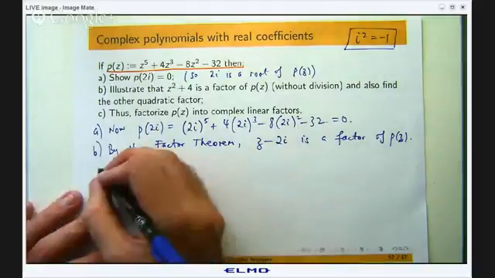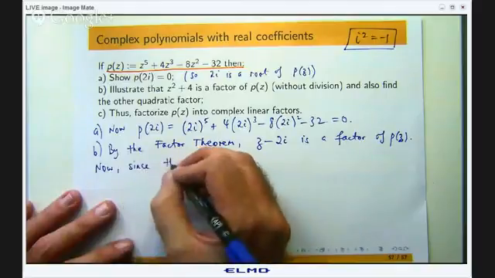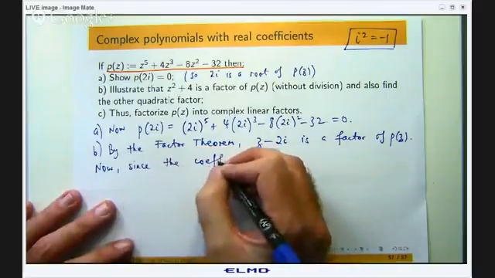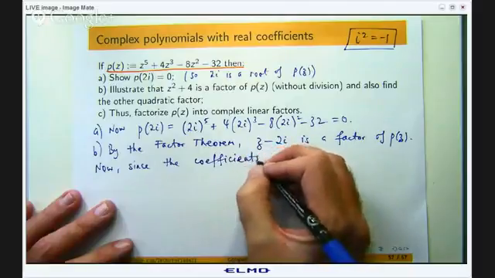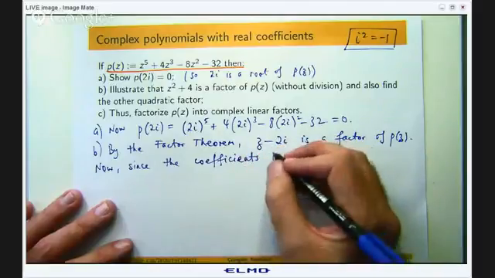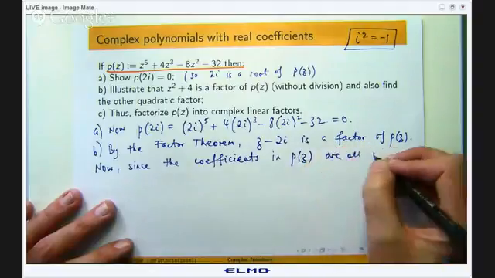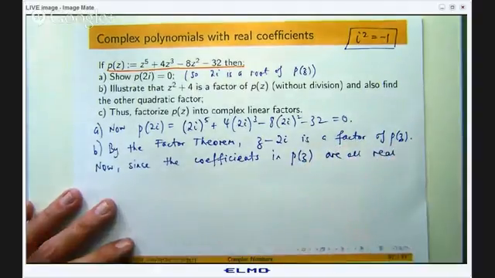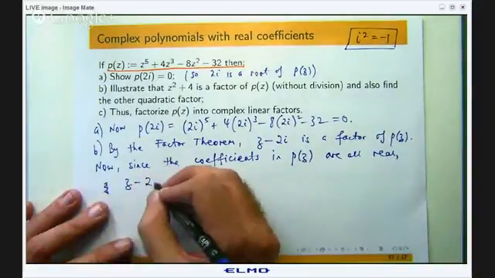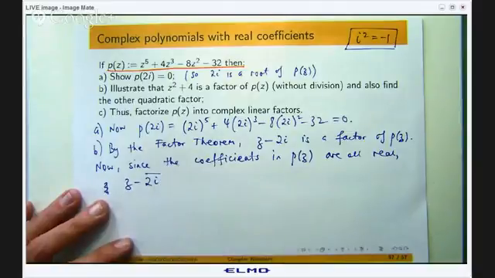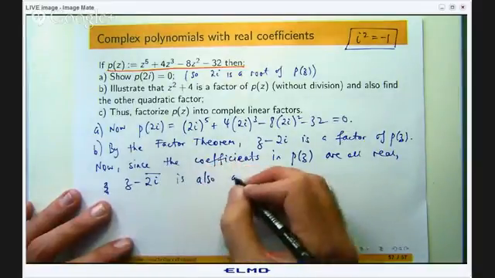So since the coefficients in p of z are all real, z minus the conjugate of 2i is also a factor.